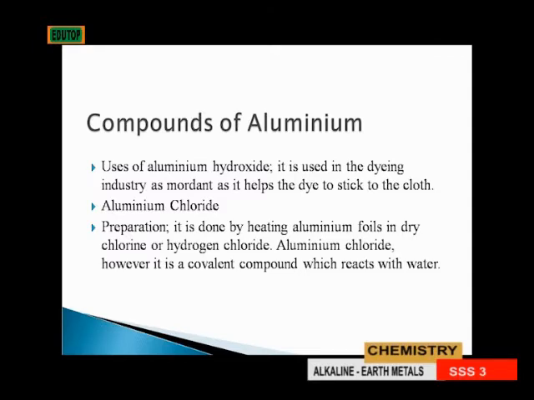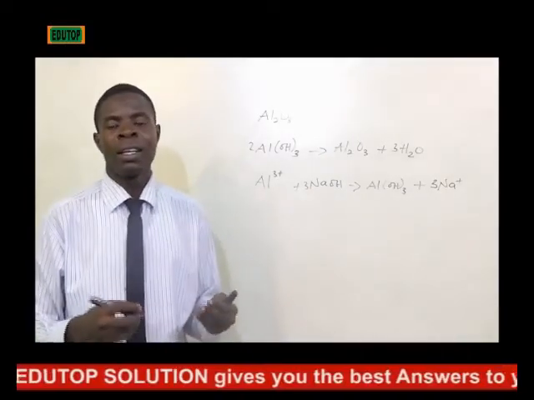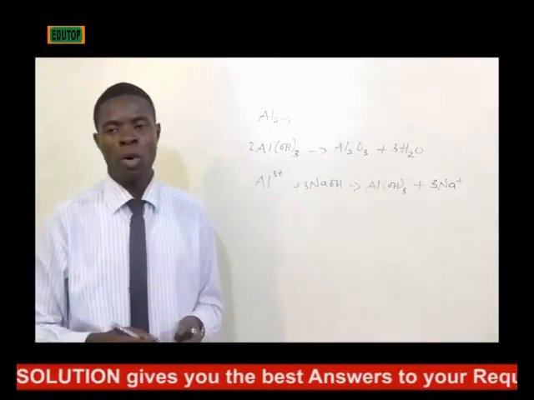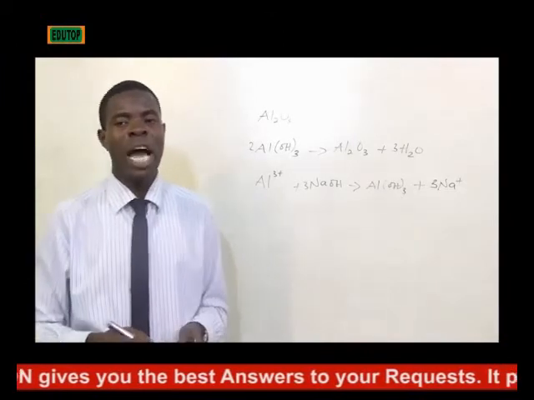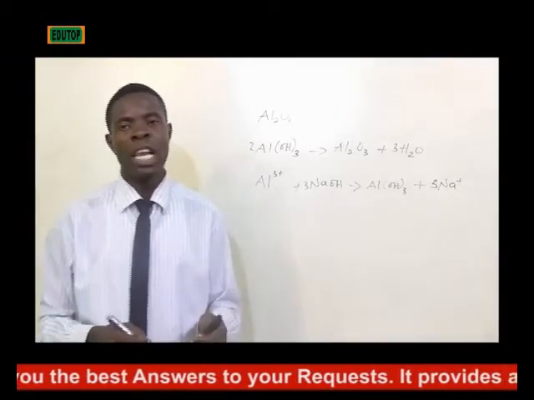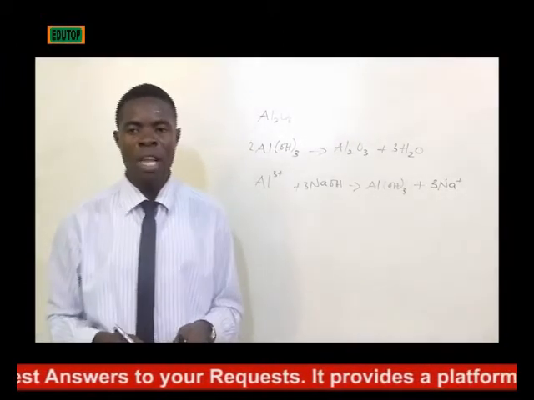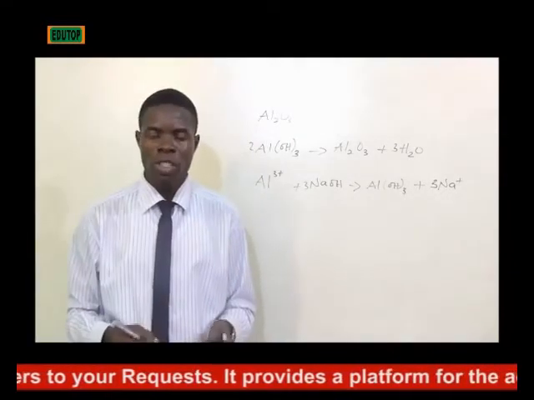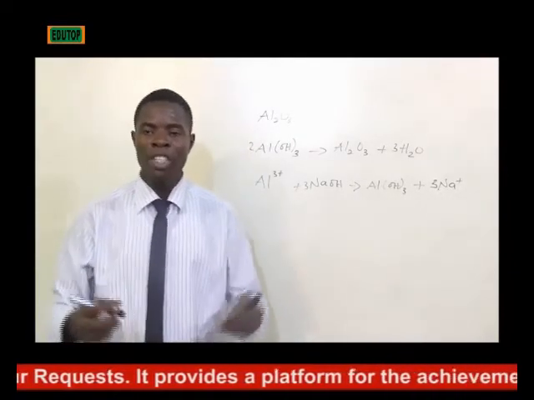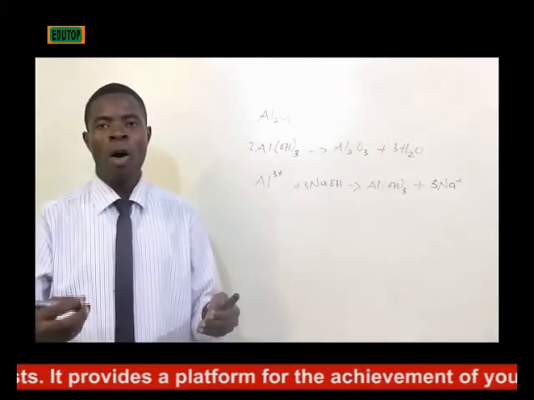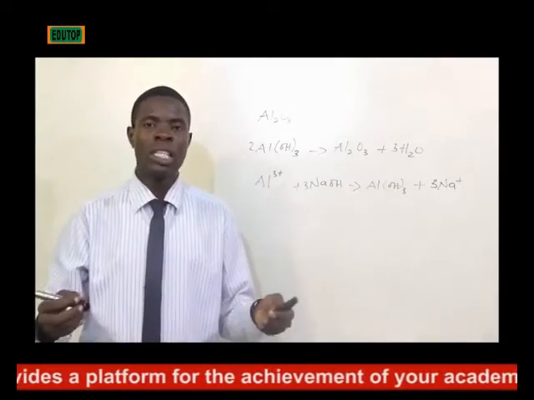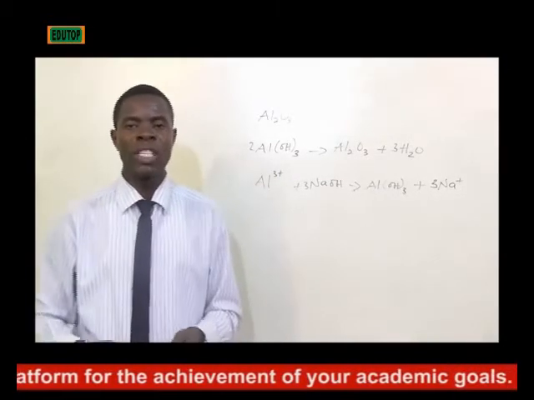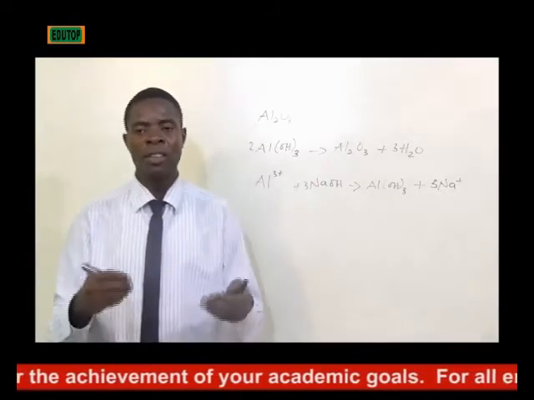Most metallic chlorides are electrovalent in nature, but in the case of aluminium chloride, rather than being electrovalent or ionic, it is covalent in nature, simply because here you have a share of a pair of electrons between the 2 participants, which are aluminium and chlorine.